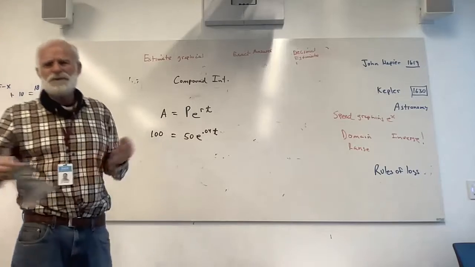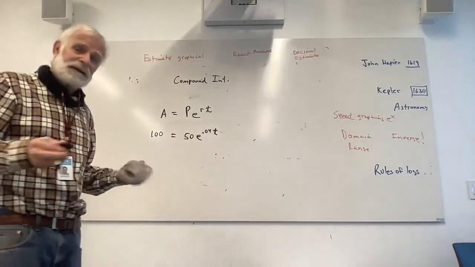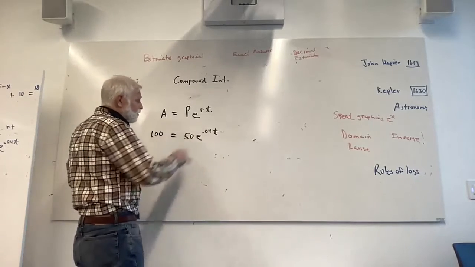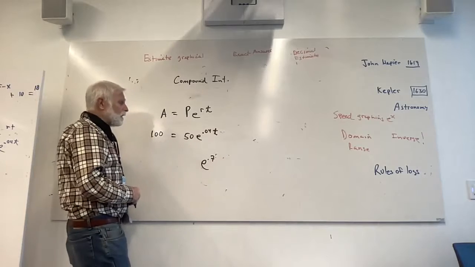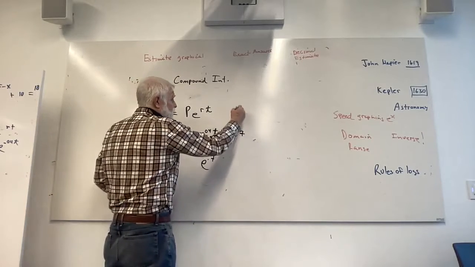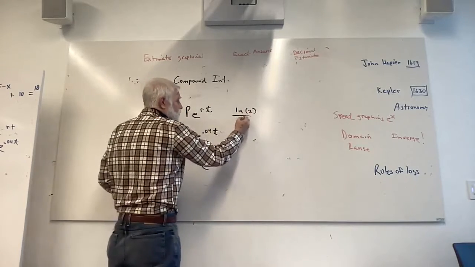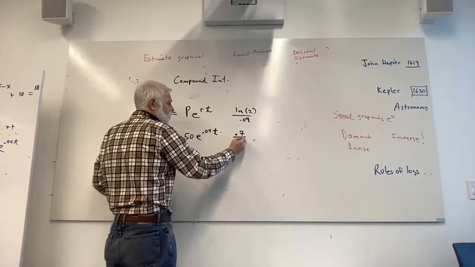The answer to these questions becomes a 5-second question after we learn the process, and that's going to take several days. Well, trying to double, I do believe I want e to the 0.7. So the shortcut here is 0.7, which is the ln of 2, divided by 0.04, which is 0.7 divided by 0.04.